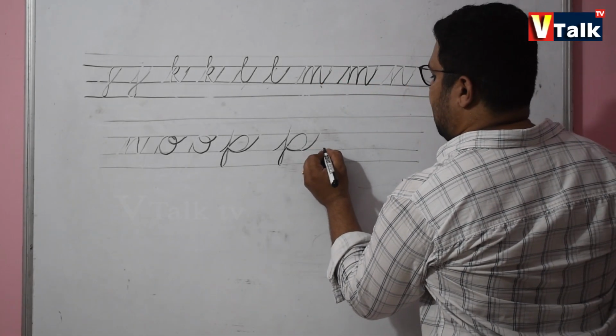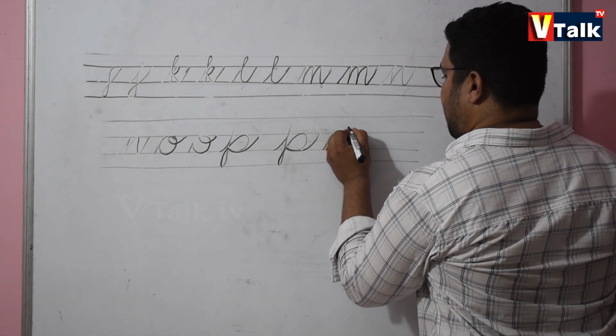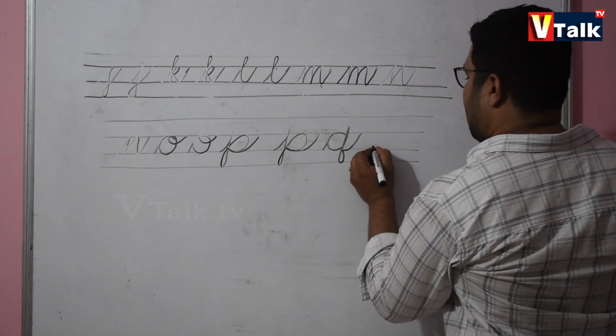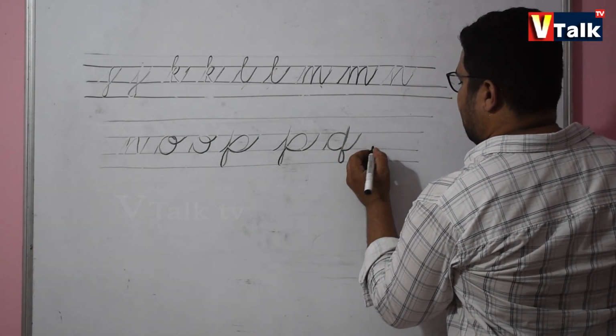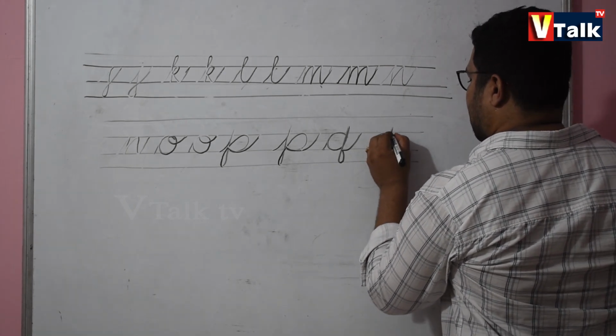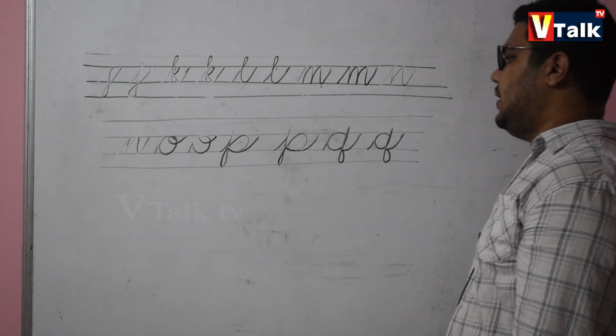Slant stroke, C curvature, descender loop, and ending here. This is Q. Once again I am repeating, it should start from the base, C curvature, descender loop, and it should end here. P, Q.